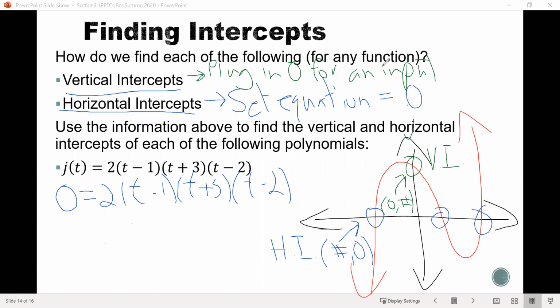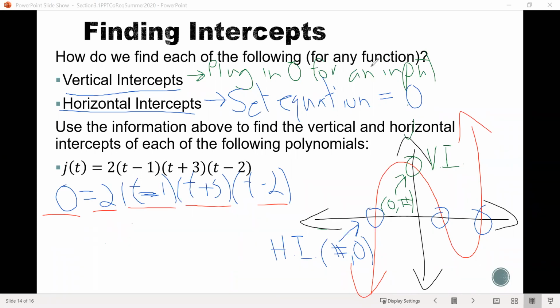Now we're looking for values of t that make this equal to 0. Notice that we have 4 things being multiplied, and when we multiply them all together, we get 0. Thinking back to what we talked about in our prereq material, what does that mean? Well, it means one of those 4 things is equal to 0.